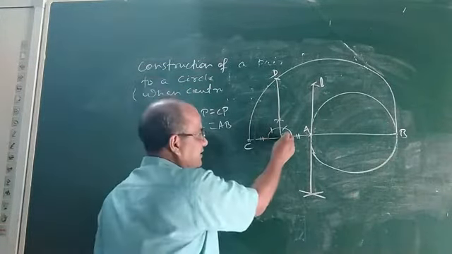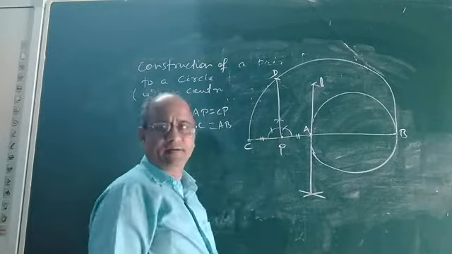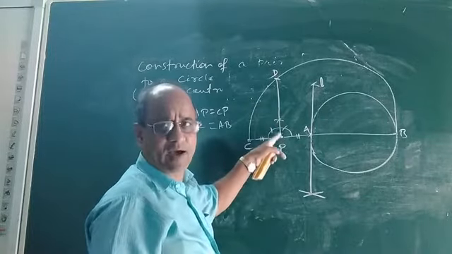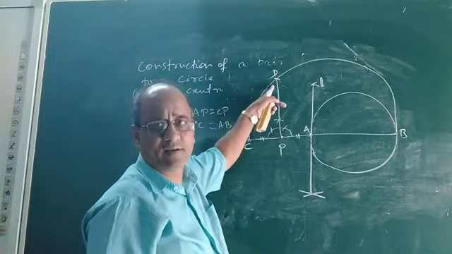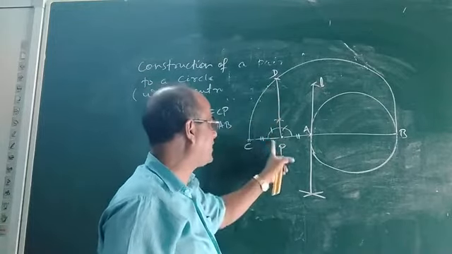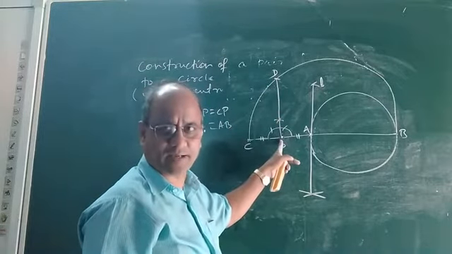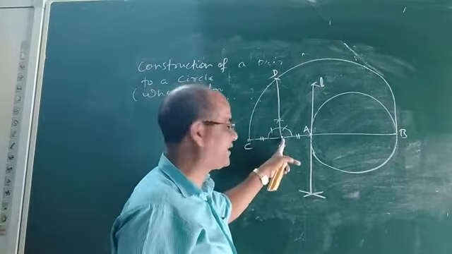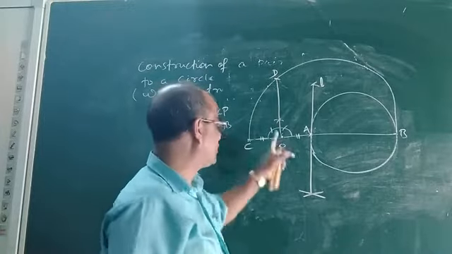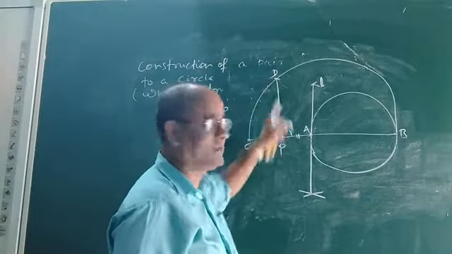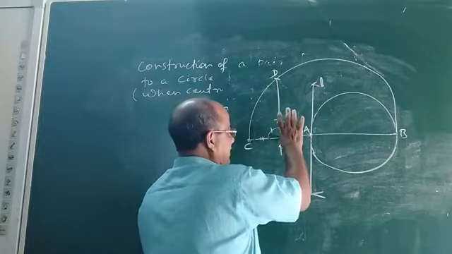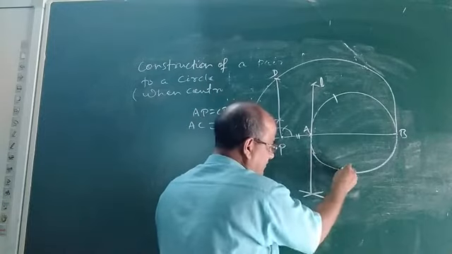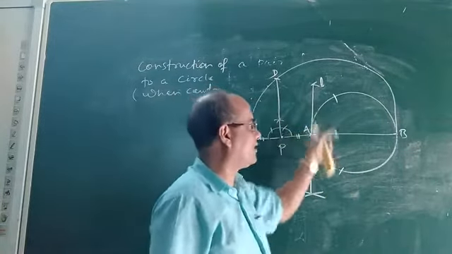The next step is take P as the center and PD as the radius. You got PD by drawing a perpendicular at the point P. So after constructing this perpendicular, take P as center and PD as radius, and draw two arcs on this circle.